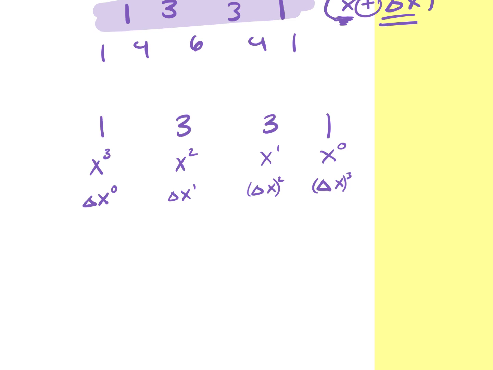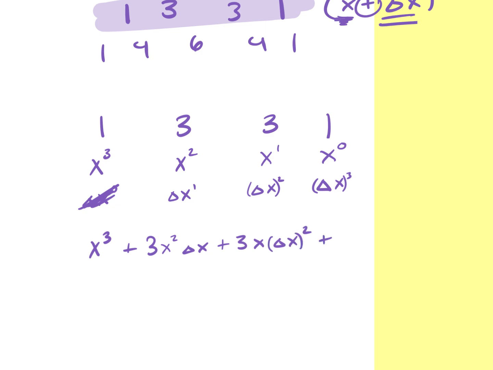Now we're just going to combine each column together. Dx to the power of 0 would just be 1, so that goes away. So we have 1 times x cubed would be x cubed. Plus 3 times x squared times dx would be 3x squared dx. Then 3 times x times dx squared would be 3x dx squared.